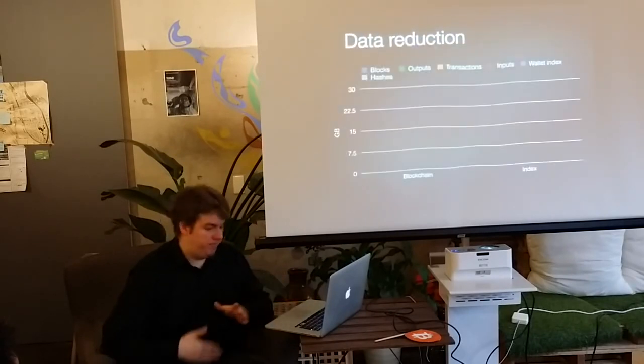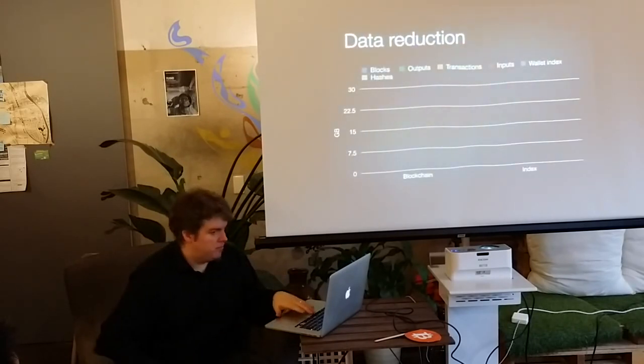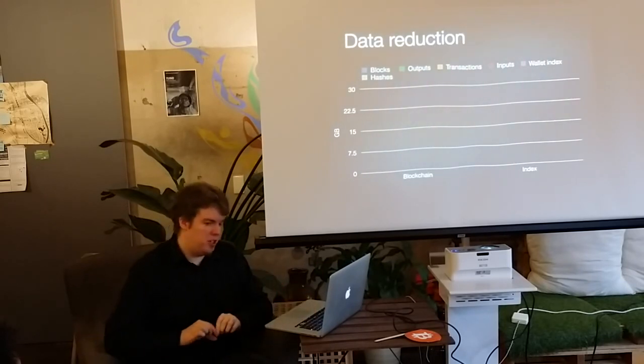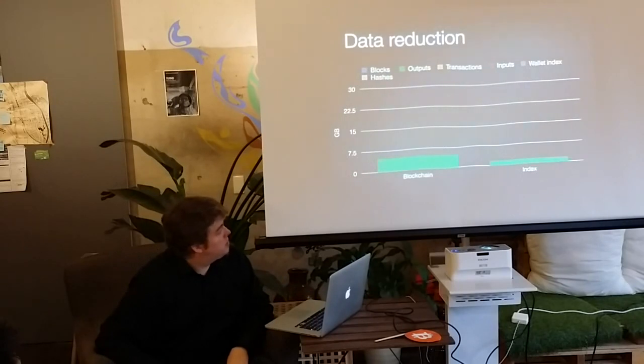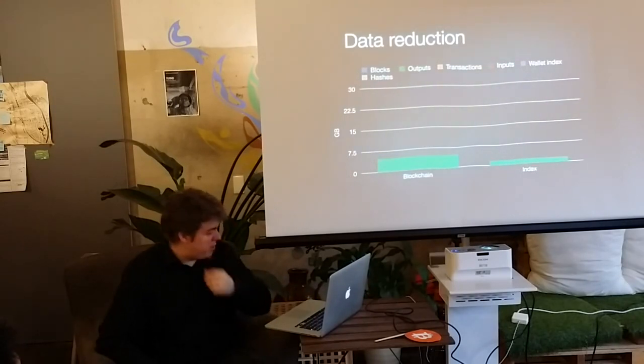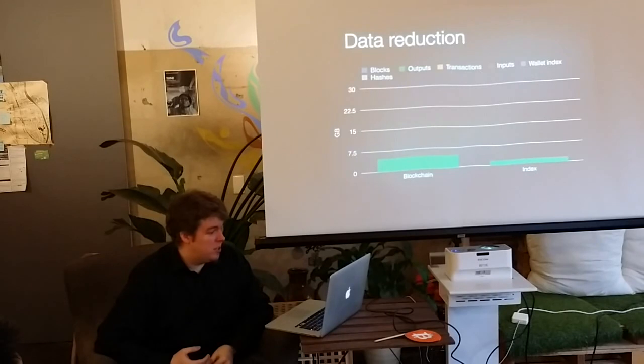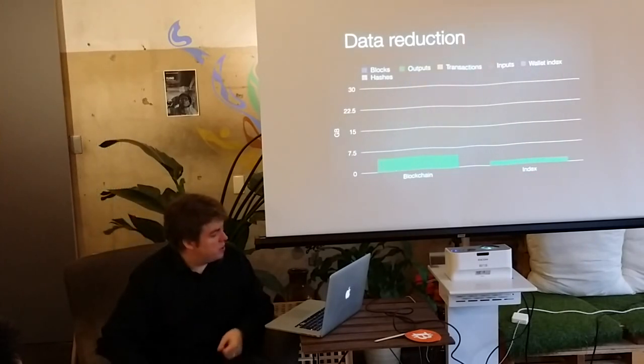So looking at how much smaller we can make this compact database, the blocks are so few, there's so little data associated with a single block that it is nothing at all. The outputs, well, the original blockchain is about 5 gigabytes worth of outputs. That is the scripts and the values and what it needs to store it.